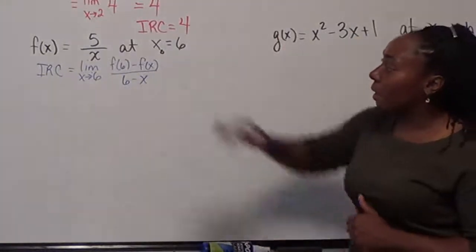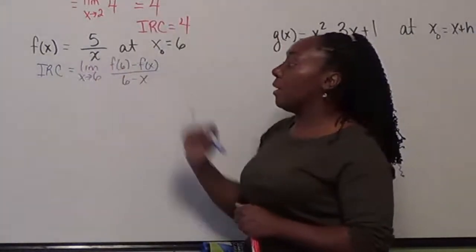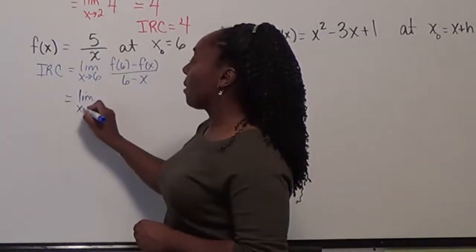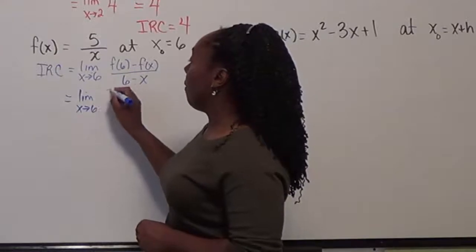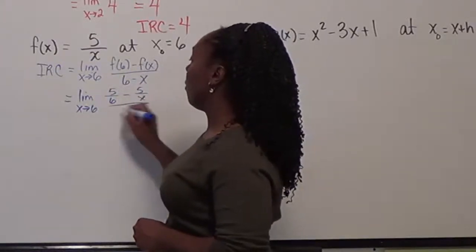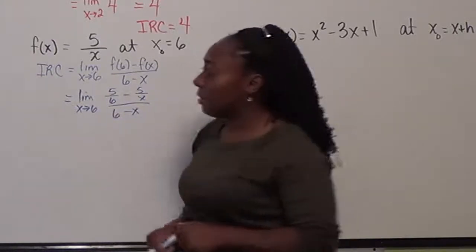Just like before, we need to plug in and find the top portion. So limit as x goes to 6 of 5 over 6 minus 5 over x all over 6 minus x.